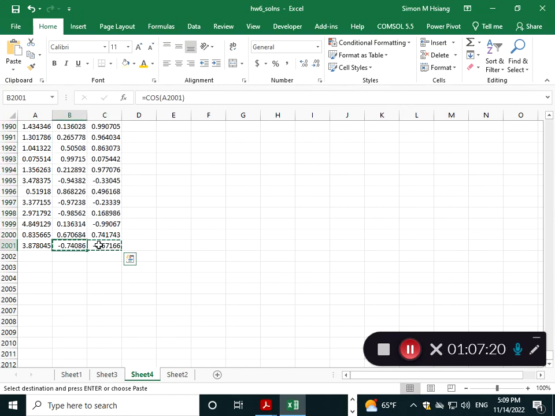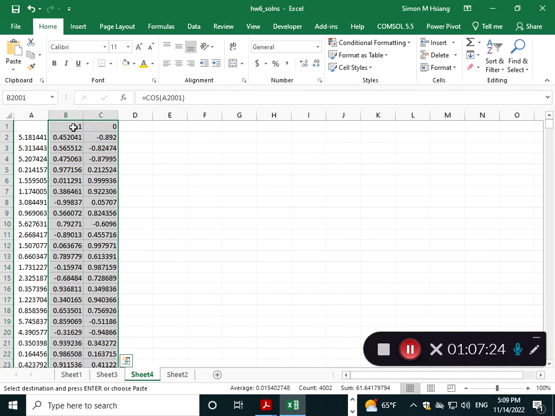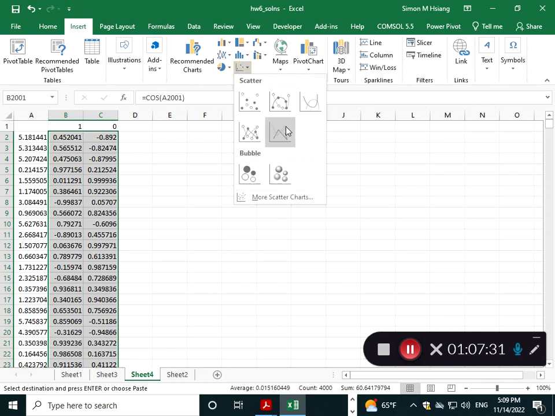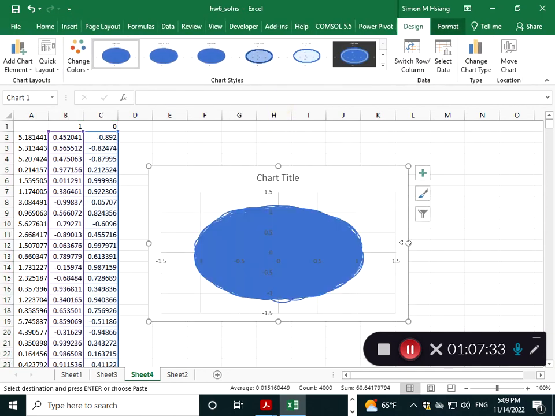If you plot sine and cosine, what are you going to get? Insert a plot. You're going to get a perfect circle, right?